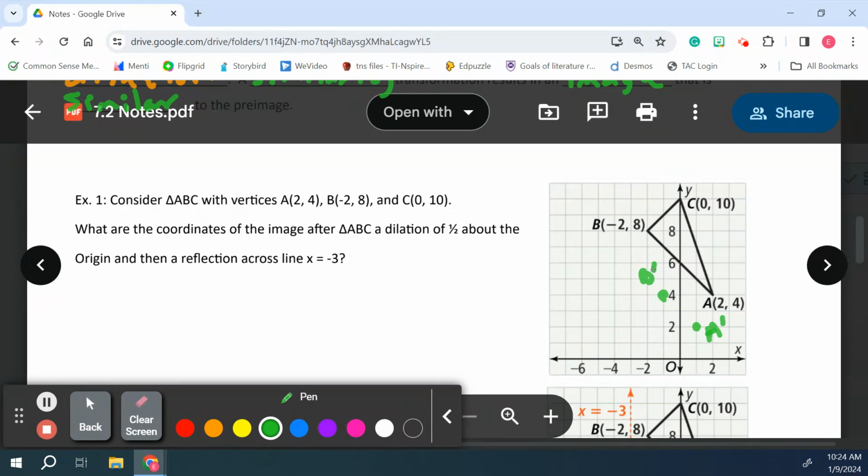And then C prime is 0 up to 5. So here is my plotted image, and they're telling us to reflect across the line x equals -3. So here is my line.